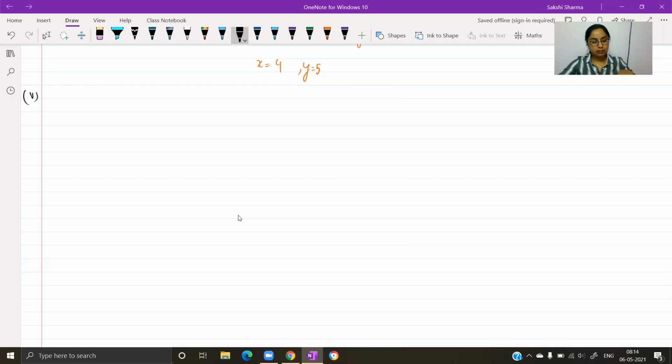Fifth part, 7x minus 2y over xy equals to 5 and 8x plus 7y upon xy equals to 15. For this one, I would just separate the denominator for the binomial. This is a binomial divided by a monomial.